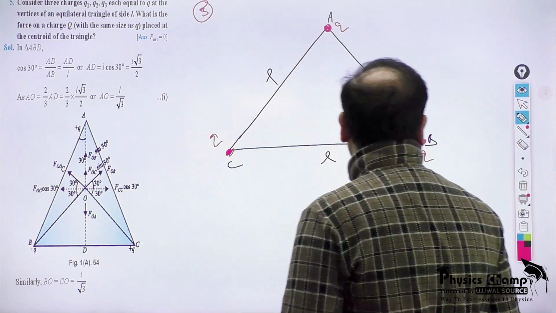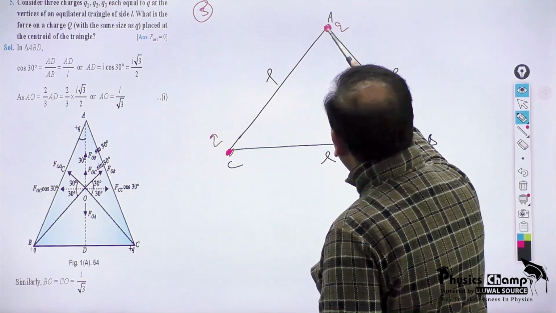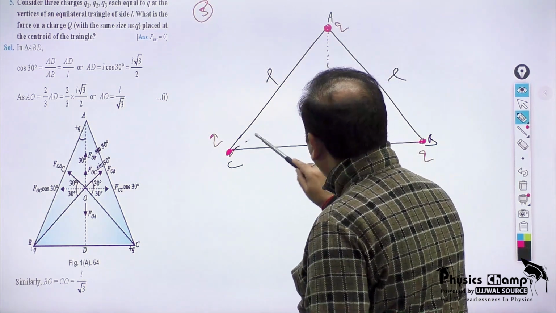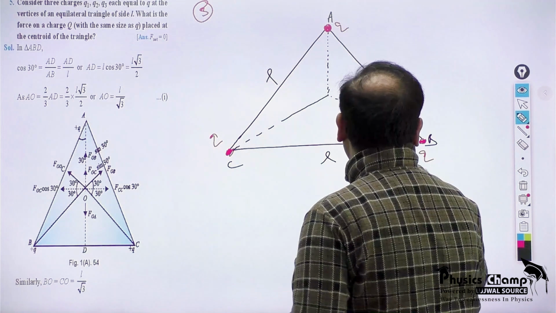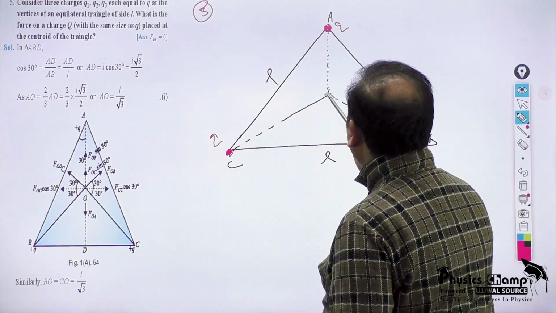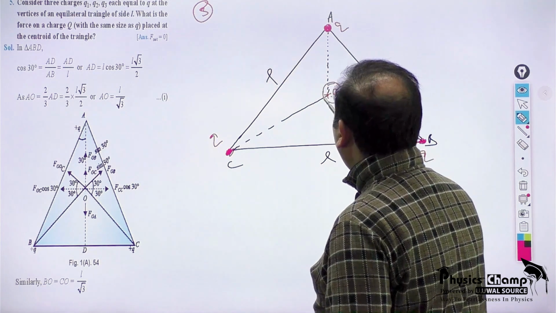The question is, what will be the force on a charge which is placed at the centroid? So you are going to keep here a charge, maybe capital Q, at the centroid.